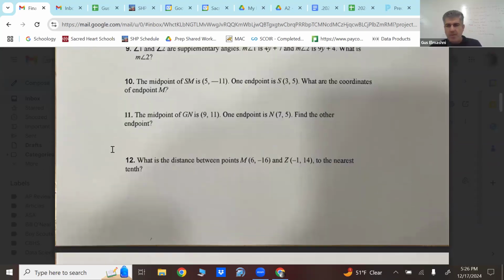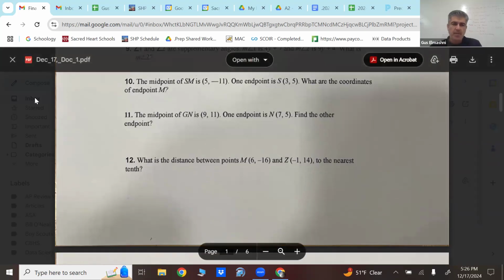For 10, you see how drawing helps, right? Like 5 comma 11, 3 comma 5.